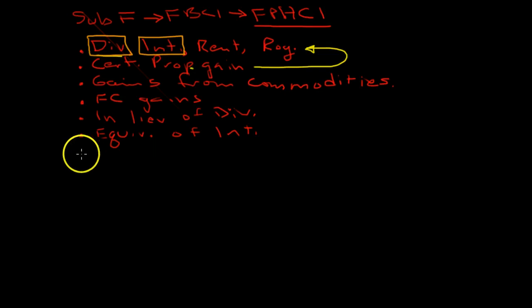So 2 other real quick ones just for completeness. One is if you have notional principal contracts, any income from a notional principal contract is in there. And then the final one, which is a bit of an outlier, because this is something most people don't consider to be foreign personal holding company or passive type income.